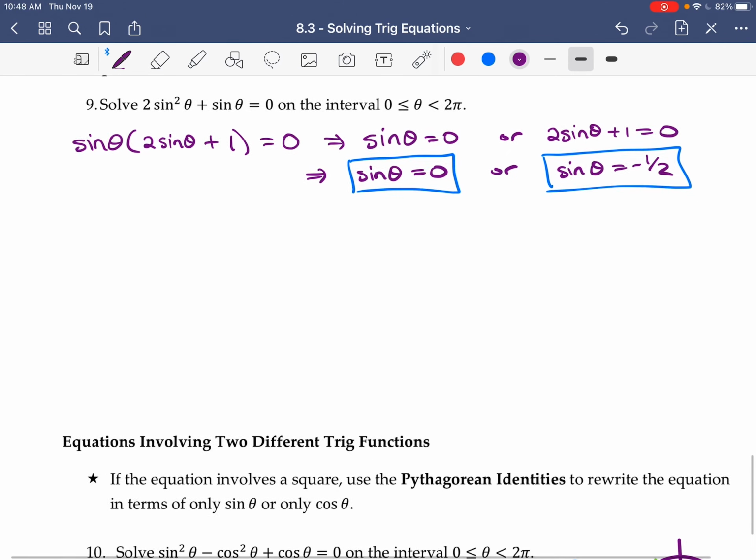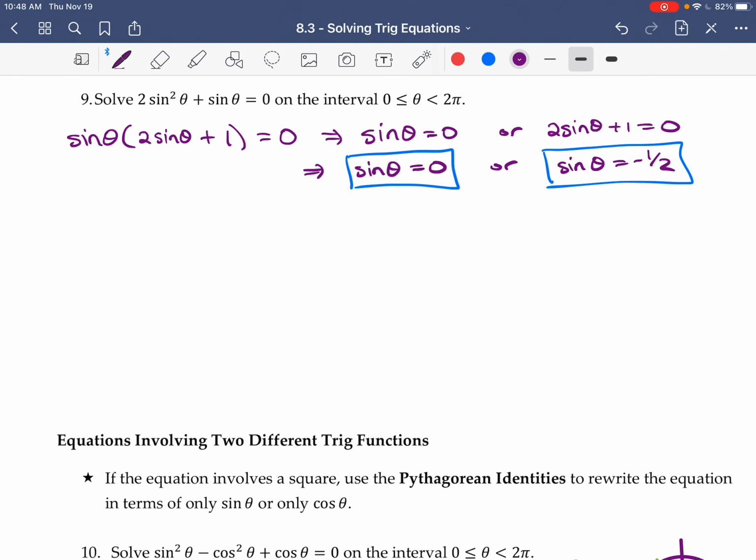Okay, now sine theta being 0 should be easy. If you have to, you can do theta is sine inverse of 0, but it should be 0. Okay, so for all solutions, there's only one here.